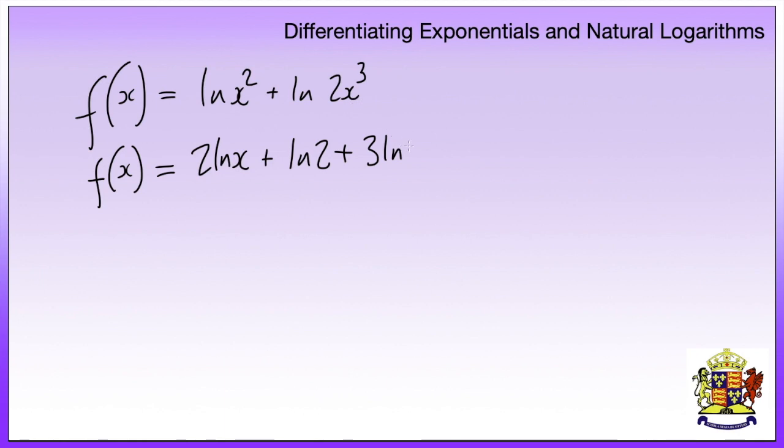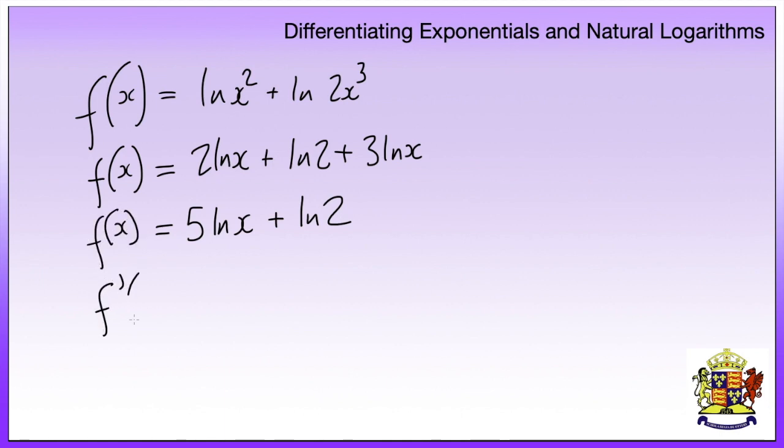Hopefully you can see where that's come from, because ln x cubed becomes 3 ln x. If I simplify this, I have 5 ln x plus ln 2. And then finally, differentiating isn't too taxing. ln x becomes 1 over x, so this becomes 5 over x. ln 2 becomes 0, so I'm left with 5 over x.